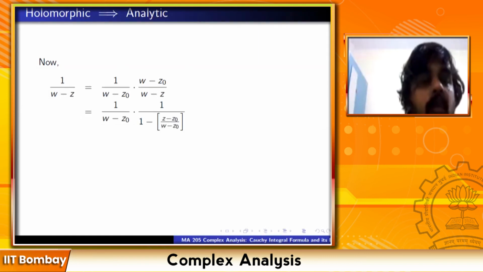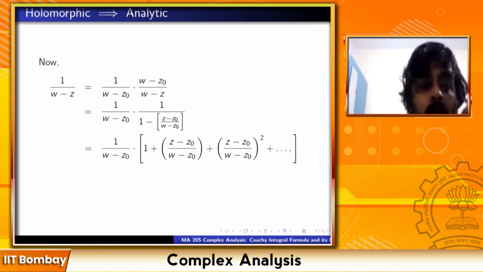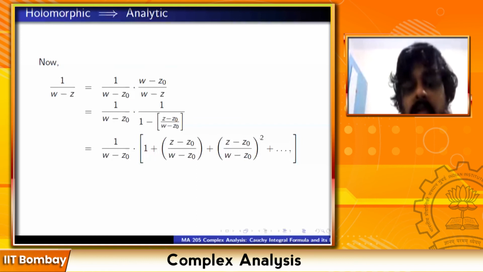This is 1 upon w minus z0 times 1 upon 1 minus (z minus z0) upon (w minus z0). Just rearranging. This is equal to 1 upon w minus z0 times 1 plus (z minus z0) by (w minus z0) plus ((z minus z0) upon (w minus z0)) squared and so on, geometric series.